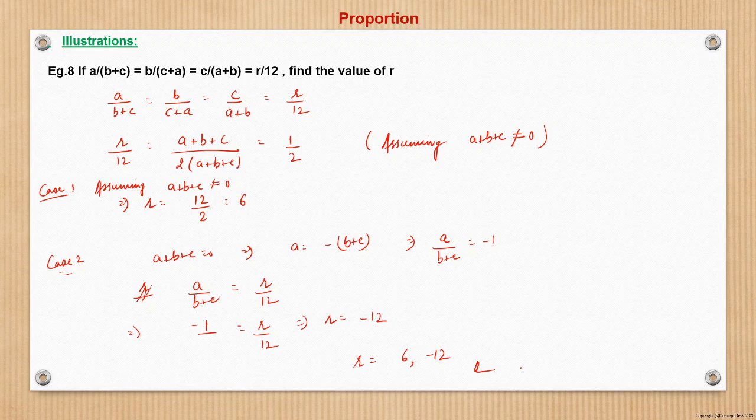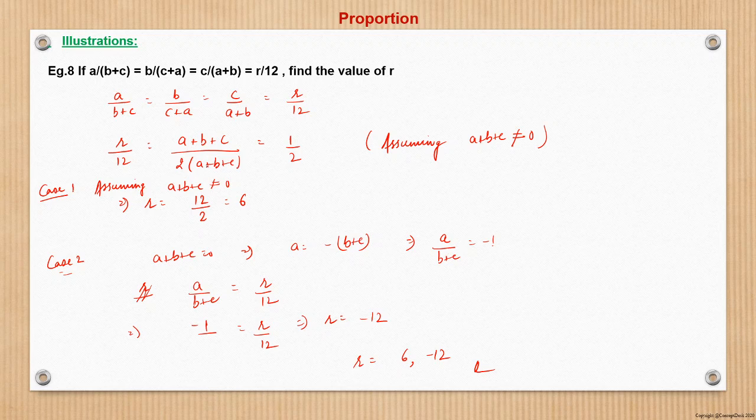This is the answer. A few concepts which we used here. First, this is the property of ratio: if a by b plus c is equal to b by c plus a, this will be equal to the summation of numerators upon the summation of denominators, which is a plus b plus c upon 2 times a plus b plus c.